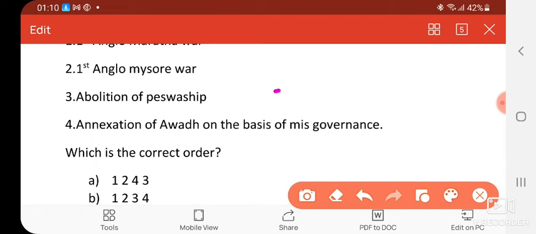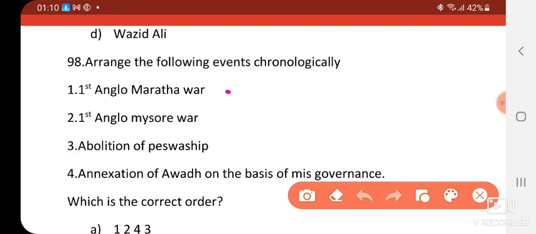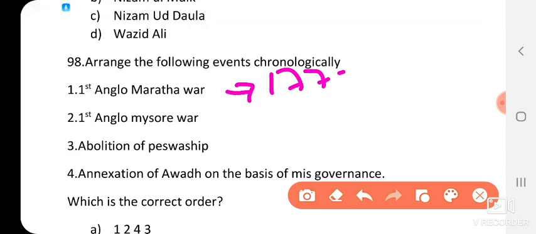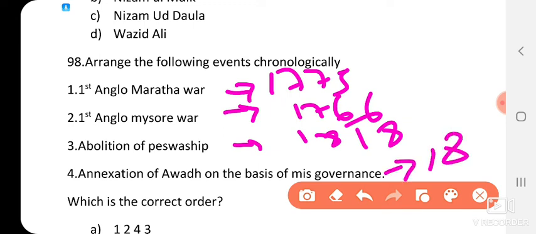The First Anglo-Maratha War was held in 1775. The First Anglo-Mysore War was held in 1766, and the Peshwaship was abolished in 1818, and Awadh was annexed on the basis of misgovernance. I've already told you the doctrine of lapse was not applied to Awadh, so Awadh was annexed on the basis of misgovernance in 1856.